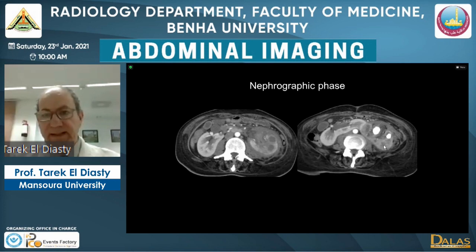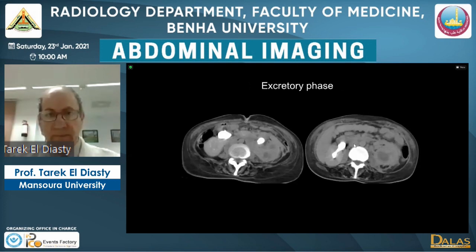And these are the stones with minimal enhancement of the kidney, and in the excretory phase, no excretion of contrast by this mass or by this kidney, and with the stone here, normal excretion on the right side.